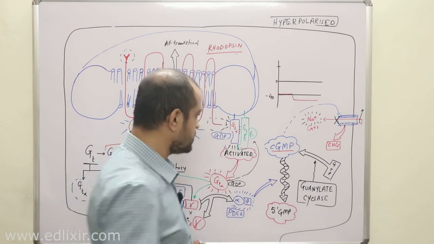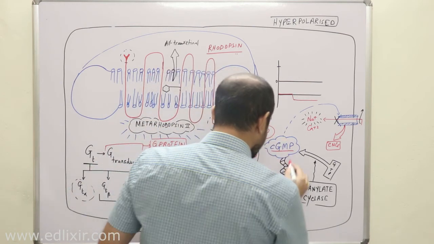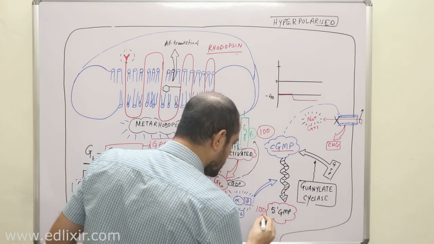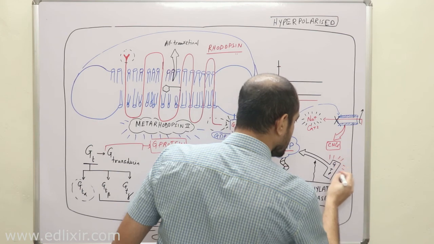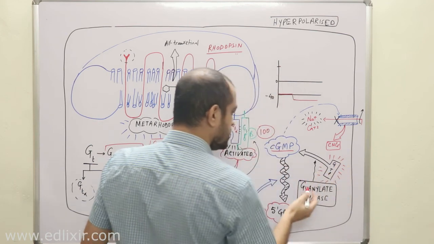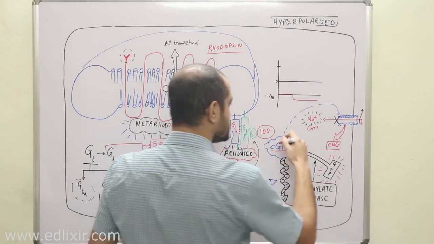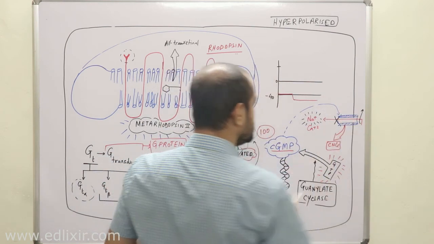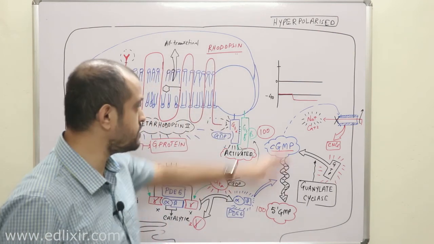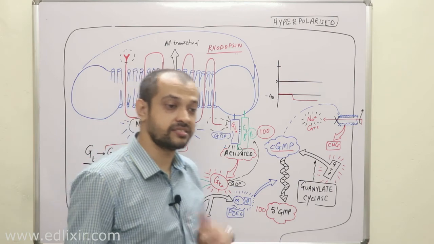Suppose there are 100 cyclic GMP, and 100 cyclic GMP has been converted to 100 5' GMP. No problem. There is more GTP in the cell, and guanylate cyclase will continue to produce cyclic GMP, and some cyclic GMP will sit here and continue the sodium and calcium inflow. It is very important for you to understand this doesn't happen.